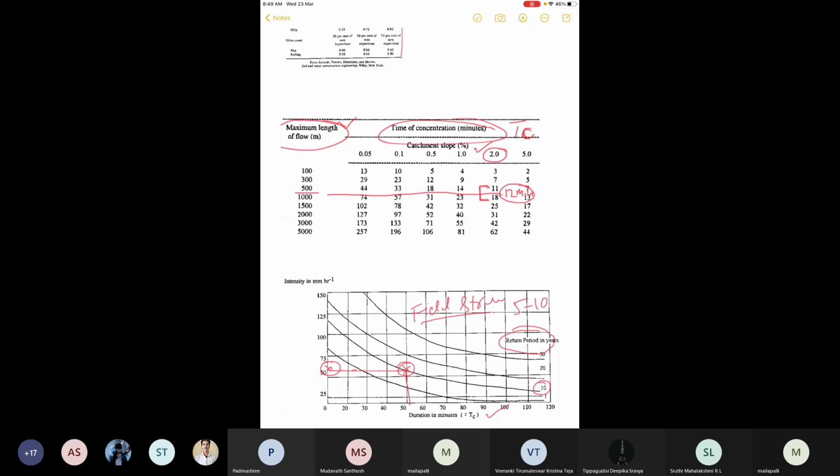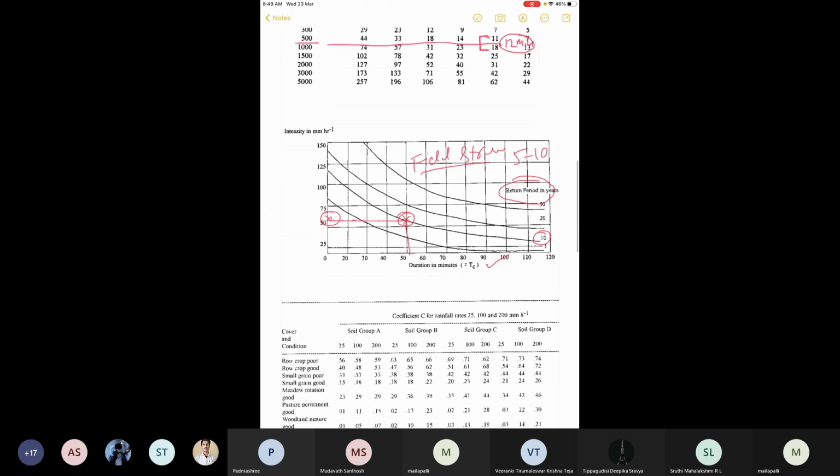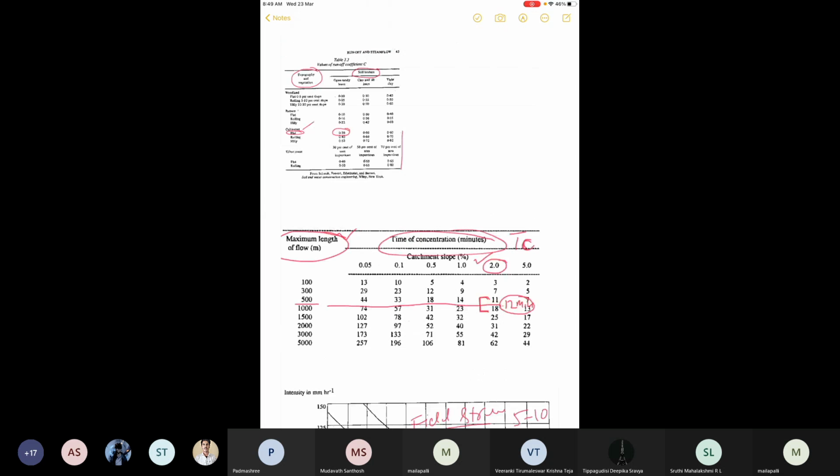And the second is the rainfall intensity. For rainfall intensity, we have the return period, and there is a table which is available.